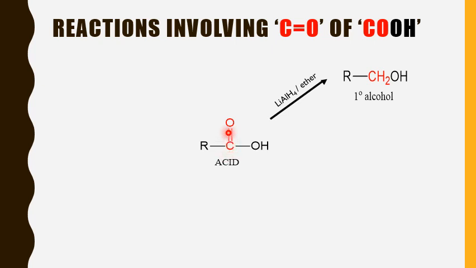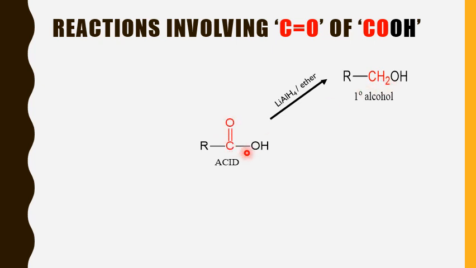Here we are removing one oxygen and adding two hydrogens so that valency is satisfied. That process can be achieved by the use of different reducing agents such as lithium aluminium hydride in the presence of ether. This is a strong reducing agent where the CO group will be converted to CH2.